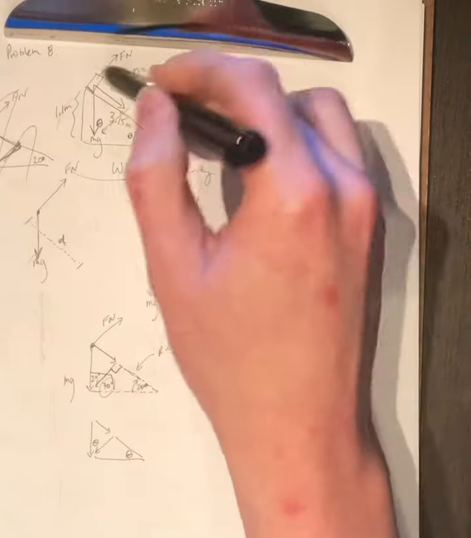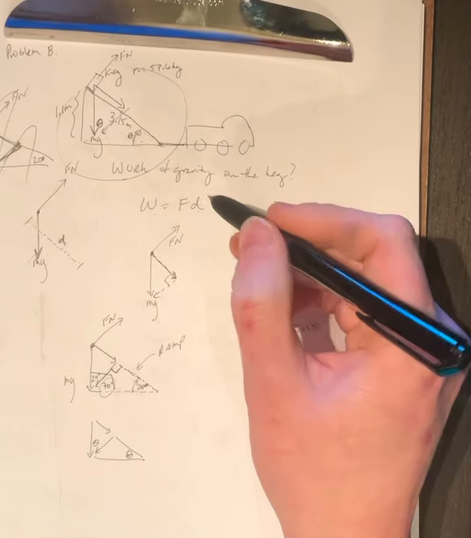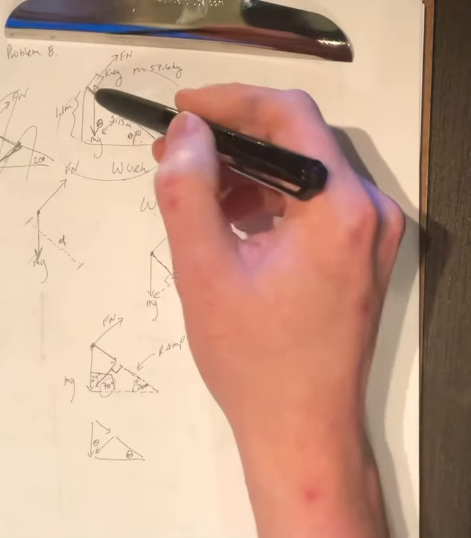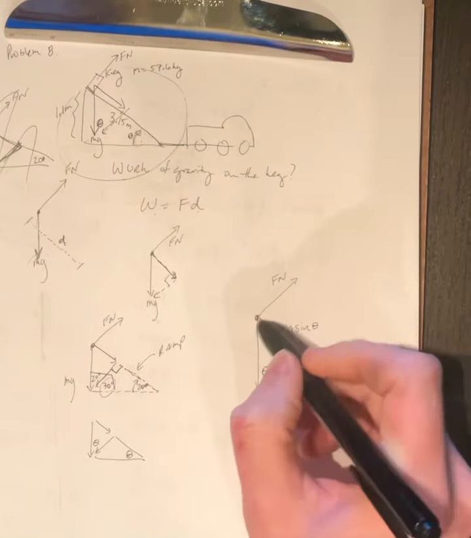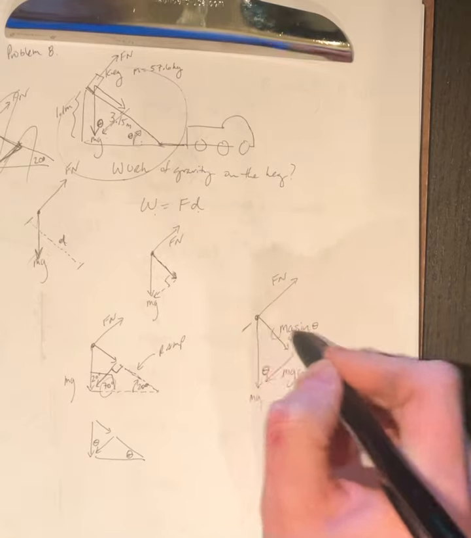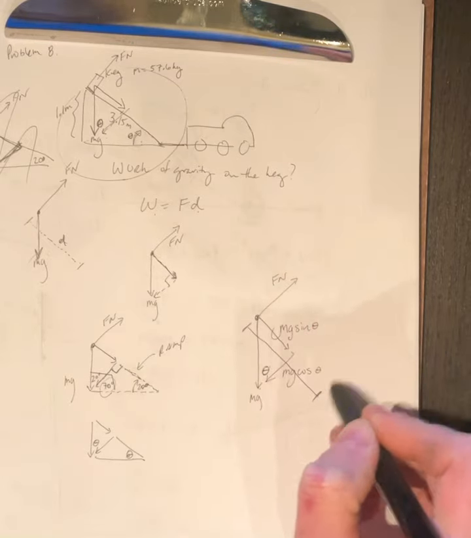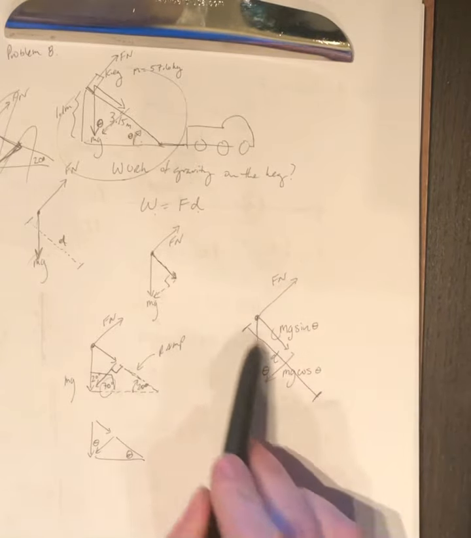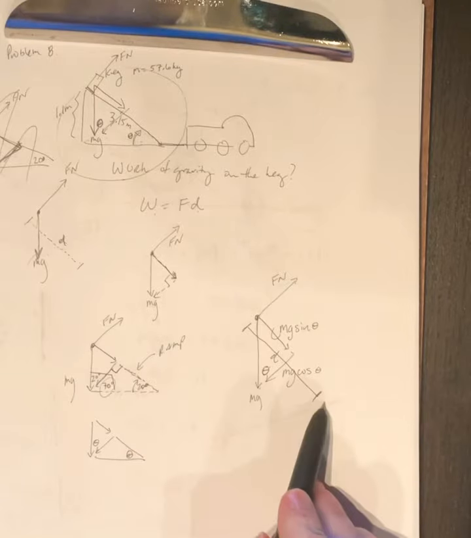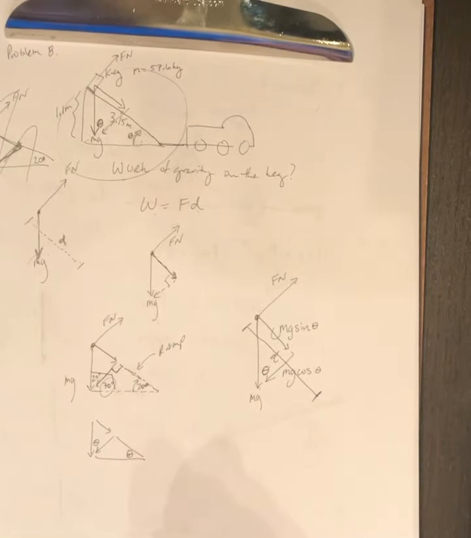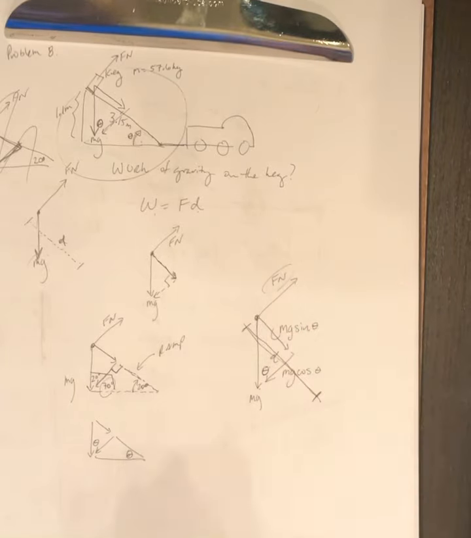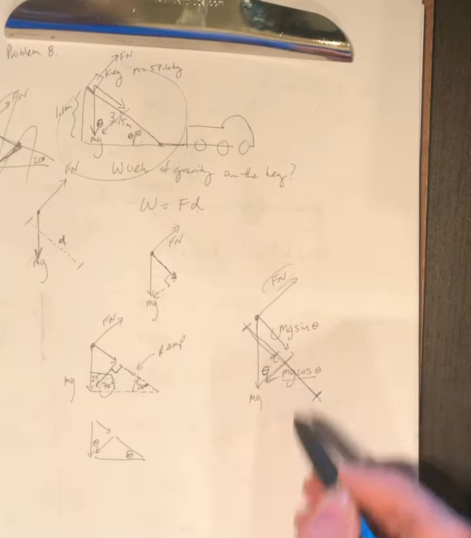So, going back to our problem here, we're looking for work done by gravity. And where's our displacement? Our displacement is going down the ramp. So our displacement is from here to here. So which one of these forces is acting in that same plane as the displacement? Well, it's not the normal force, because displacement's going this way. Normal force is perpendicular. It's not mg cosine theta, because that's also perpendicular.